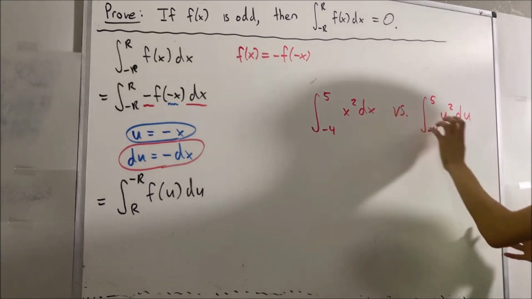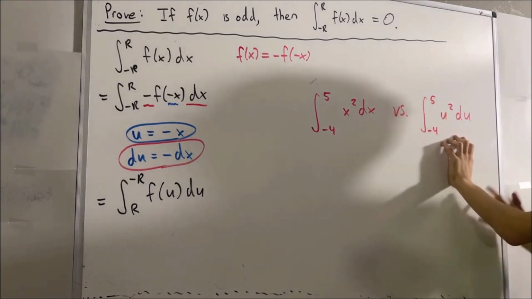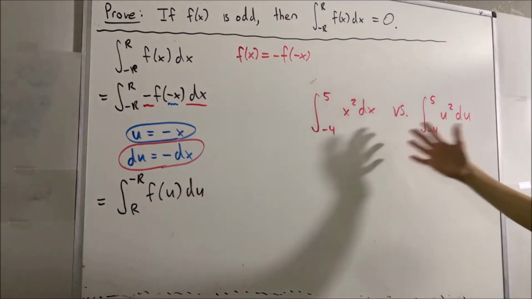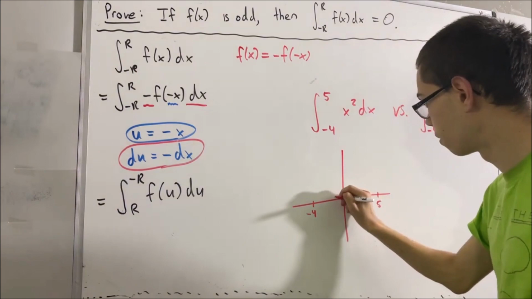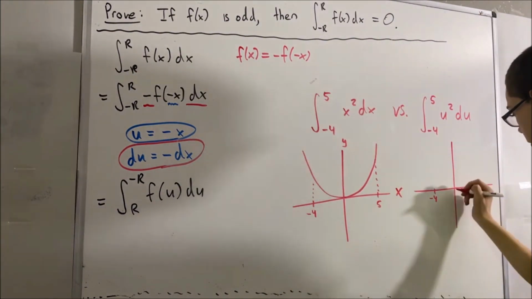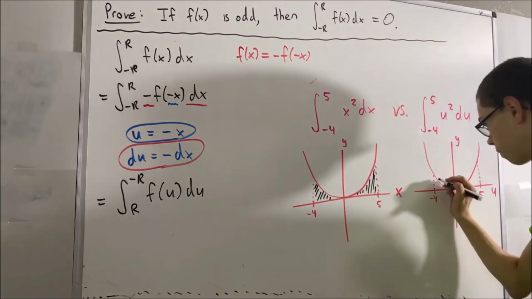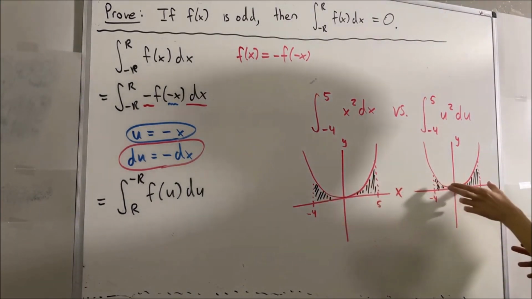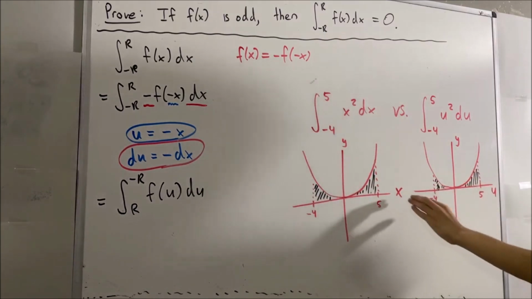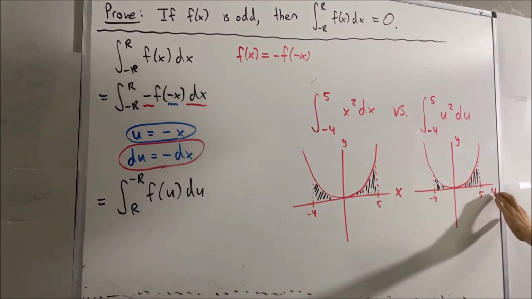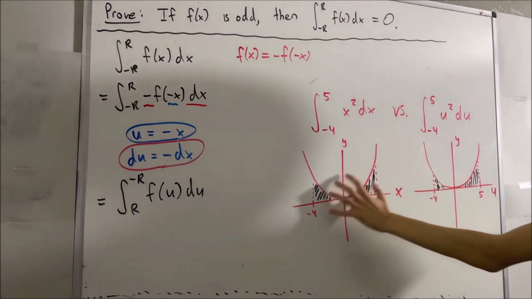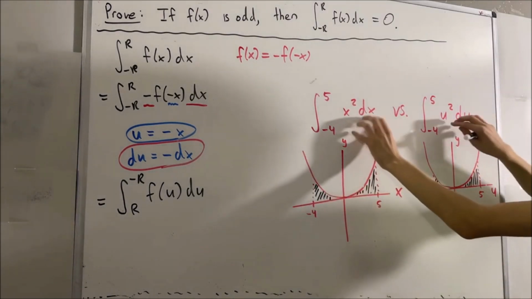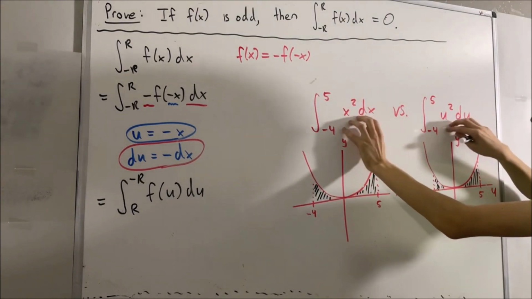The numerical result of these two integrals will still be exactly the same thing. And you could also see what this would look like graphically. As you can see, this area is equal to this area. The only difference is that here we're calling our variable x, here we're calling our variable u, but that doesn't change the numerical result of the area we have, right? These two definite integrals have the exact same numerical value.